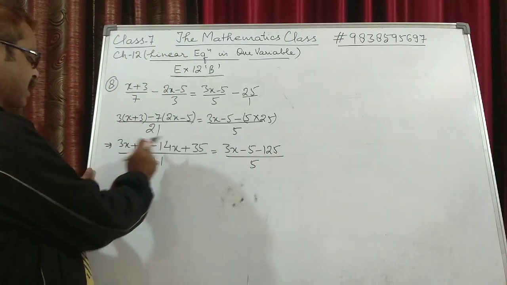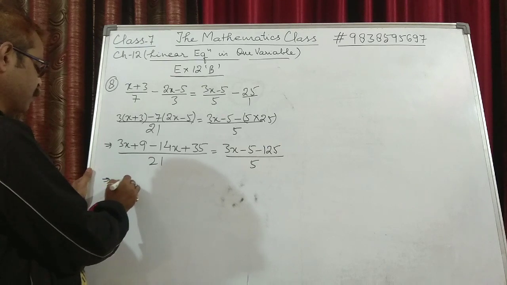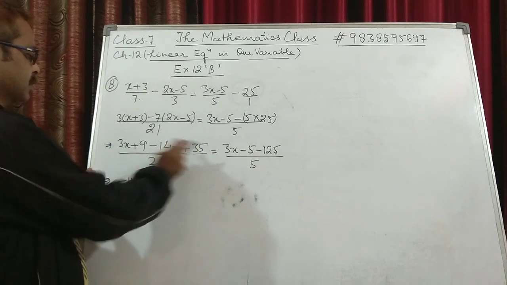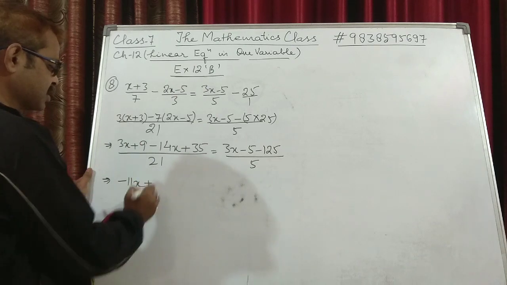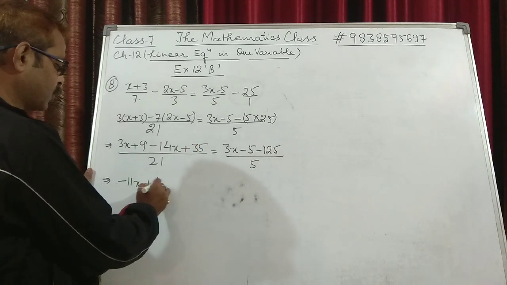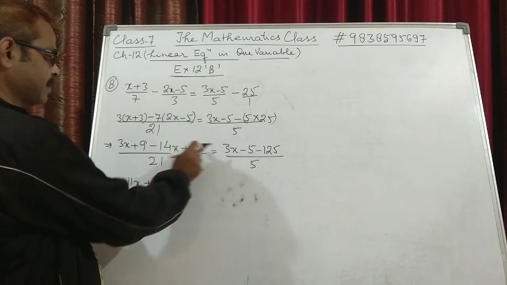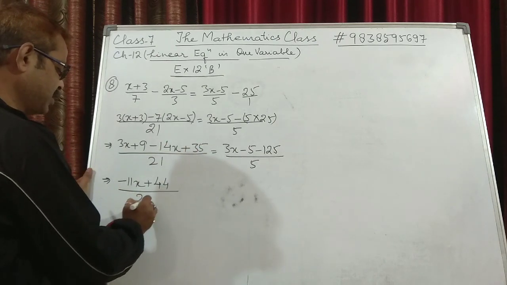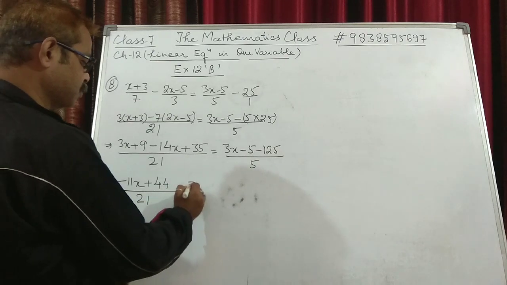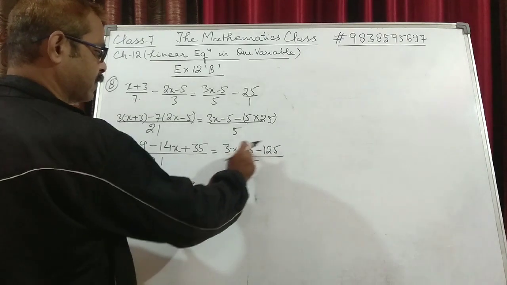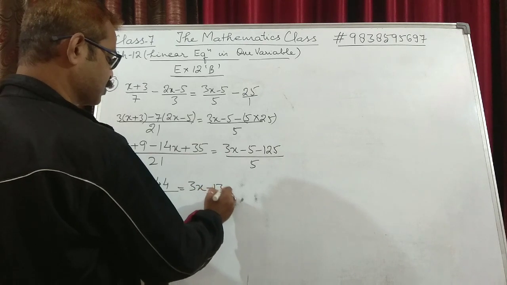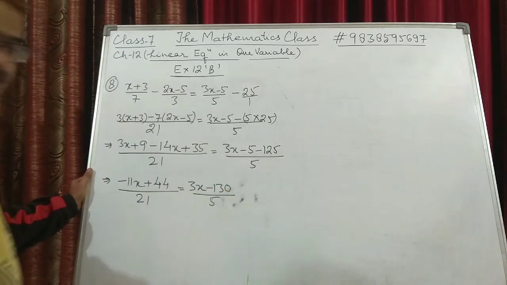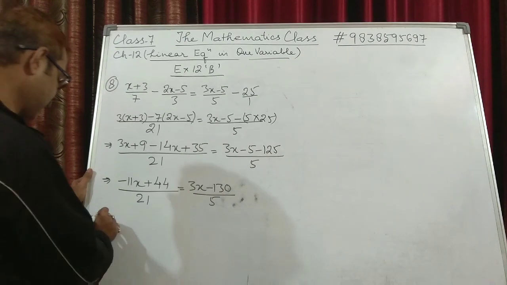Now 3 and minus 14 will give you minus 11x. 35 and plus 9 will give you 44. 3x, 125 and 5 is 130, minus 130 upon 5. Now what we do, we will cross multiply.